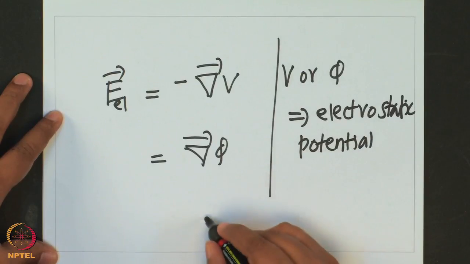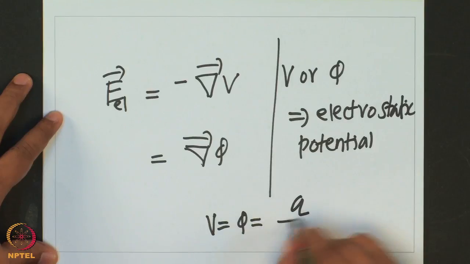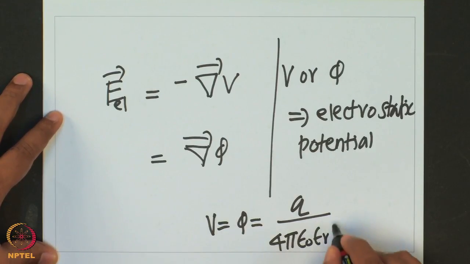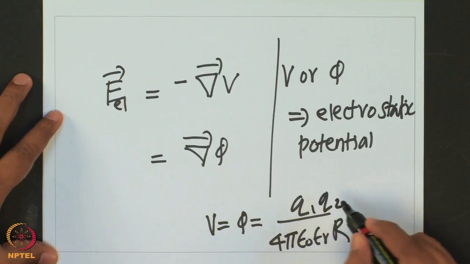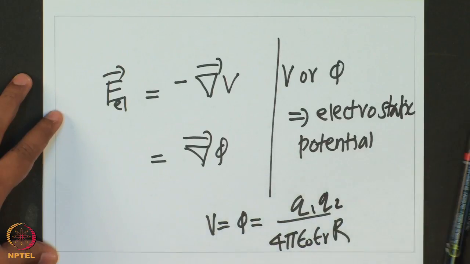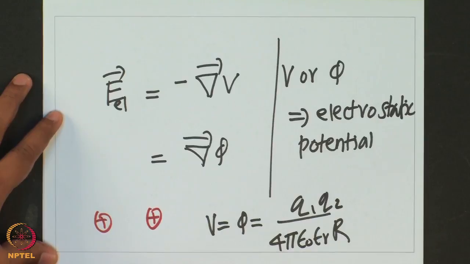What is electrostatic potential? V or phi is nothing but q by 4 pi epsilon 0 epsilon r. If you have two charges, the electrostatic potential energy can be written as Q1 Q2 by 4 pi epsilon 0 epsilon r.